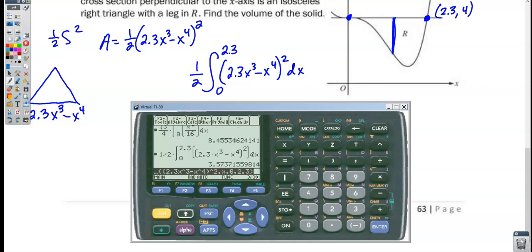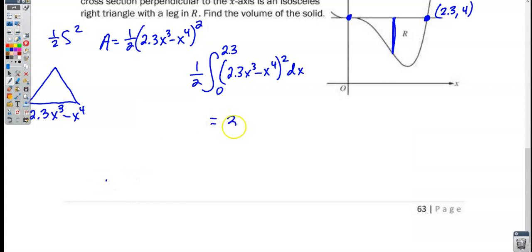And I get that the volume of the solid is 3.574, where 3.573 is also acceptable.